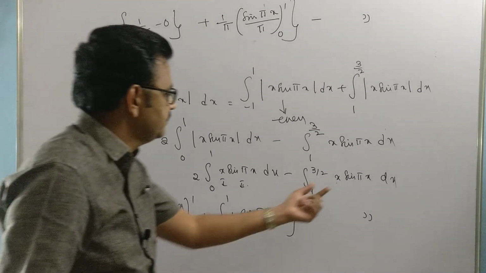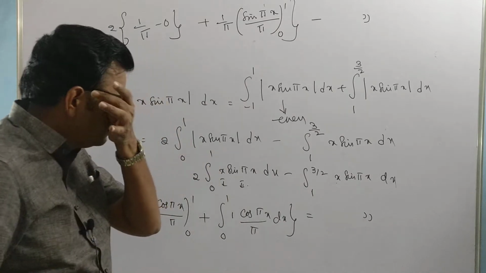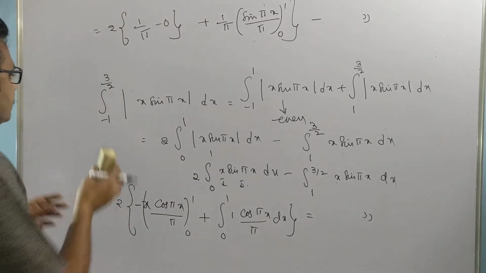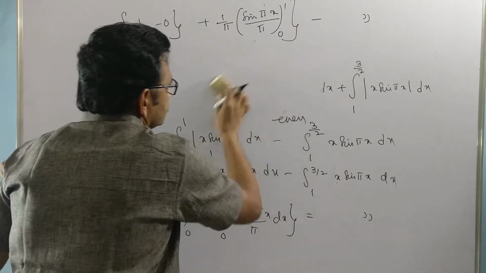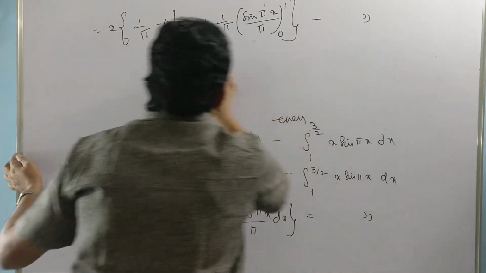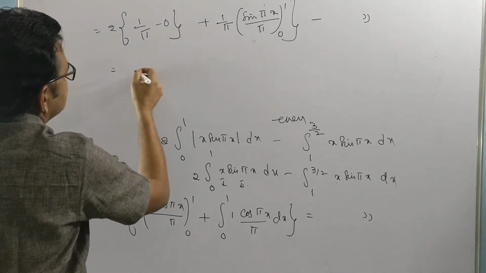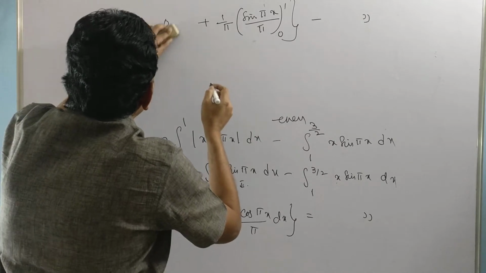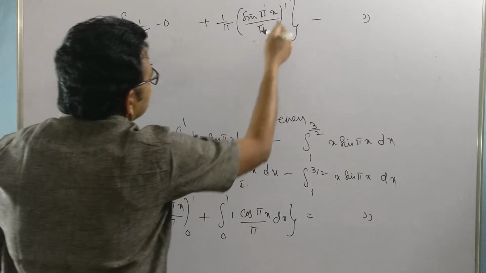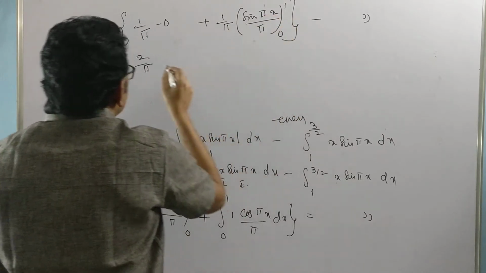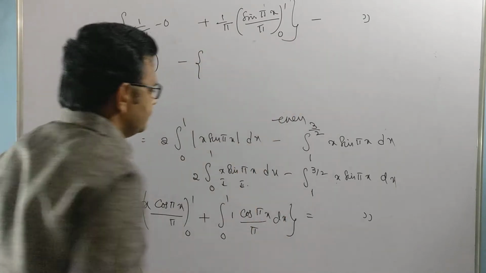That is the same thing, x sin pi x, you are applying the same thing and applying limits. So this is 2 by pi, and sin pi is 0, sin 0 is 0. Totally this is 0. Minus of, and you have to calculate that part.